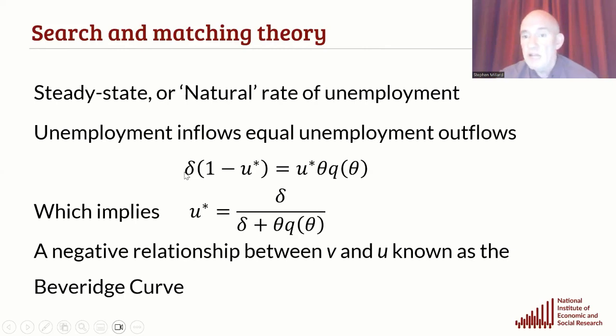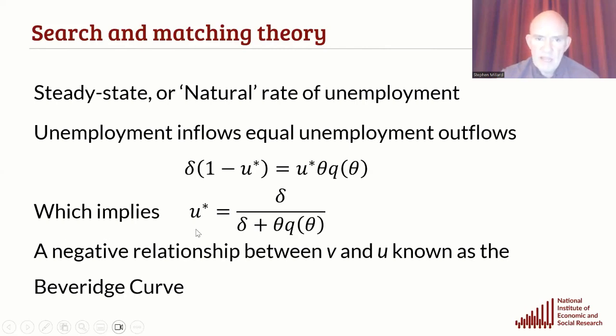If I multiply that by the proportion of employed workers who lose their job every period, delta, then this is the unemployment inflow. This is the number of people becoming unemployed every period. So where unemployment inflows equal unemployment outflows, that gives me the natural rate of unemployment, the steady state equilibrium rate of unemployment.